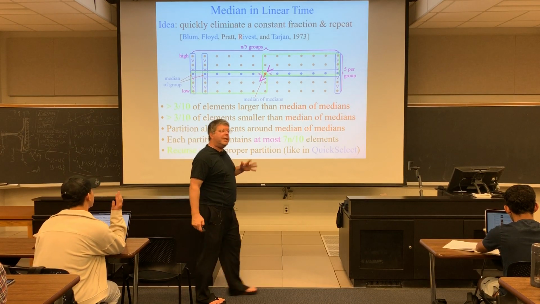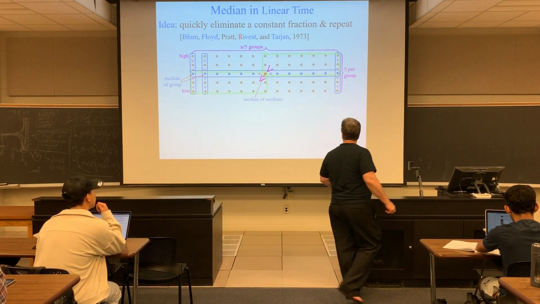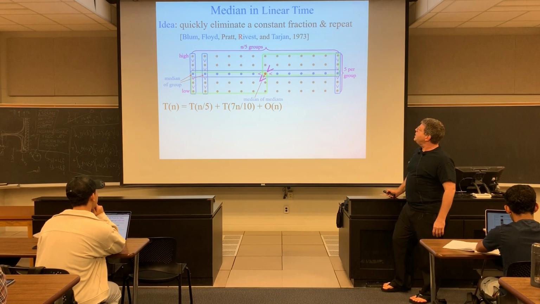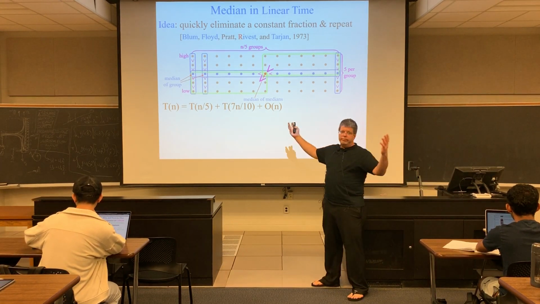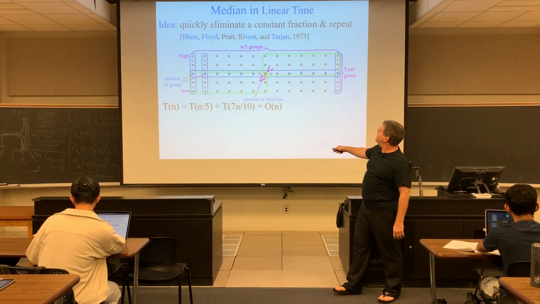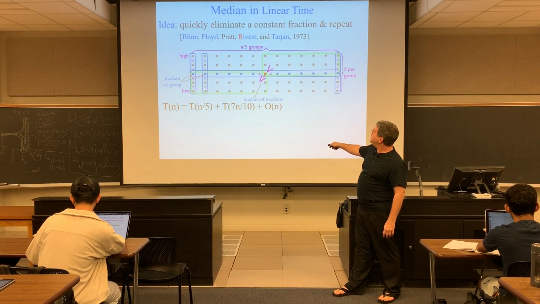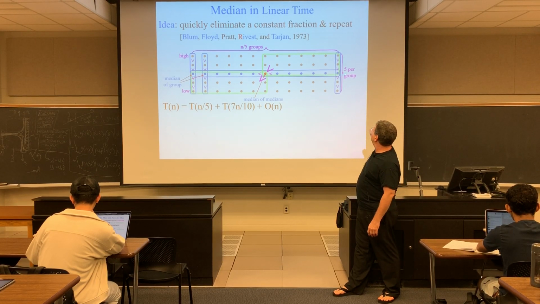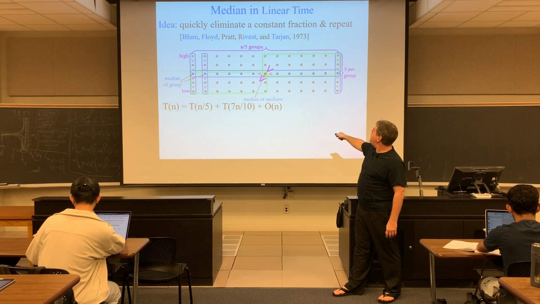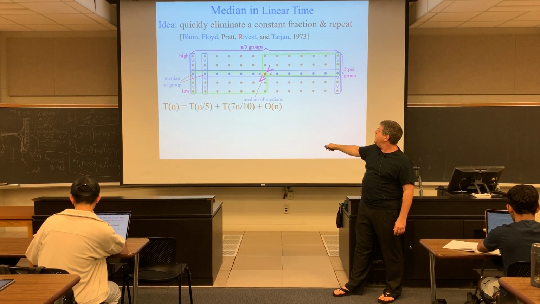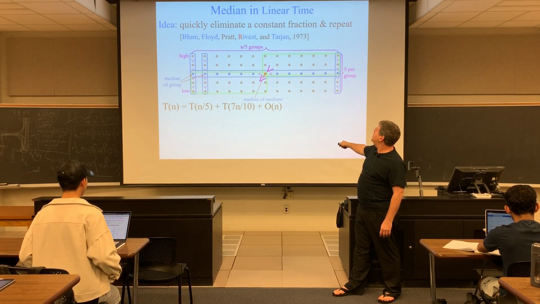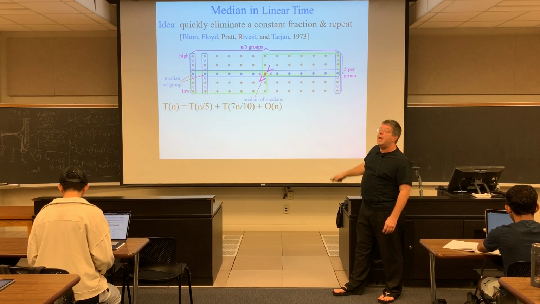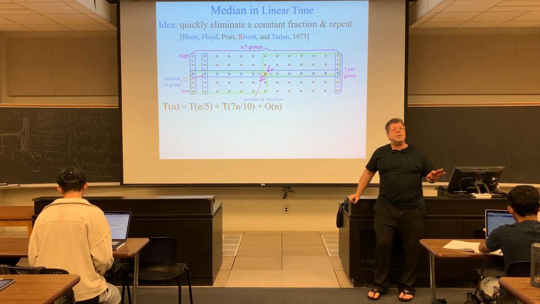Okay, so I think we're ready for the analysis of how long this takes to run. Recursively, the time to run this whole high-level algorithm on n things is the time it takes to run it on n over 5 things, because we call it for the first time on the middle row, that's 1/5 of the things. So the time for n is equal to the time for n over 5 plus the time it takes to call it on 7/10 n at worst, because 30% or more will be eliminated.